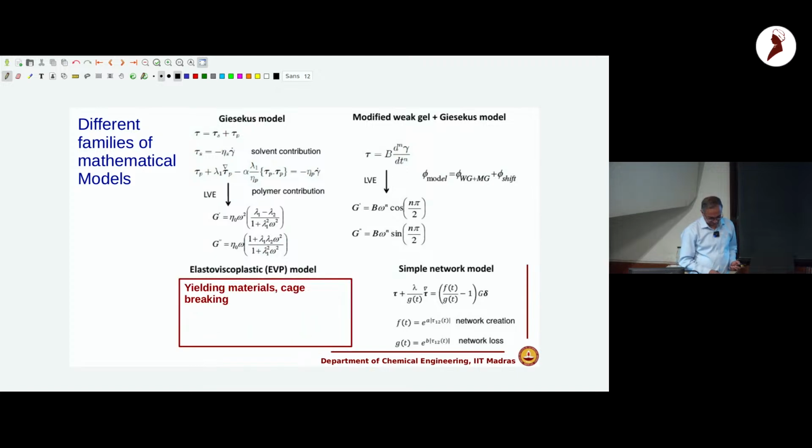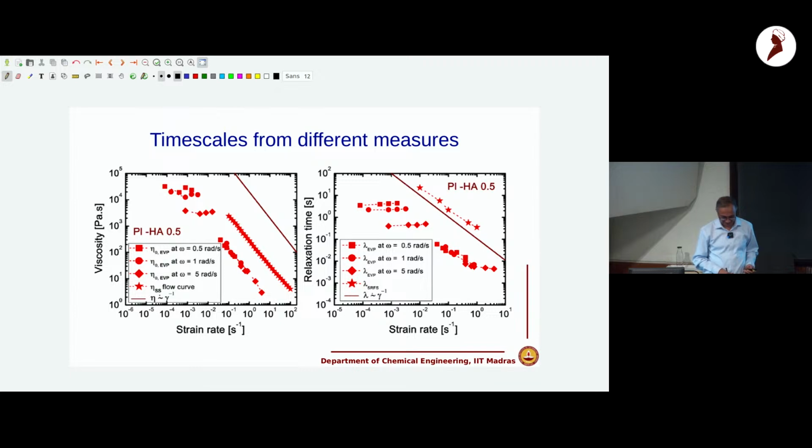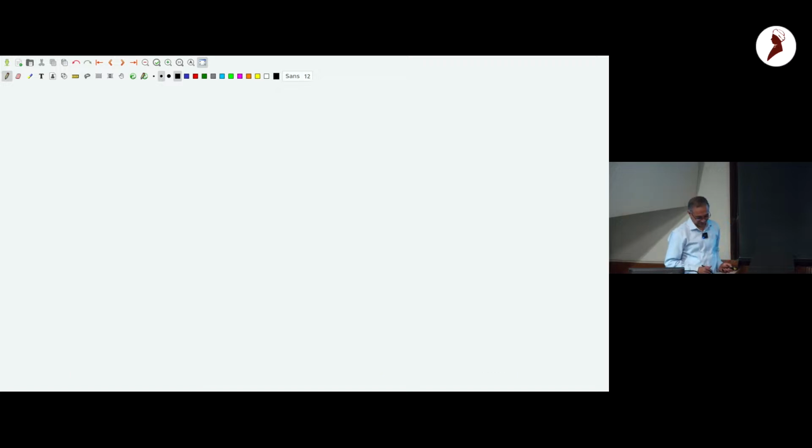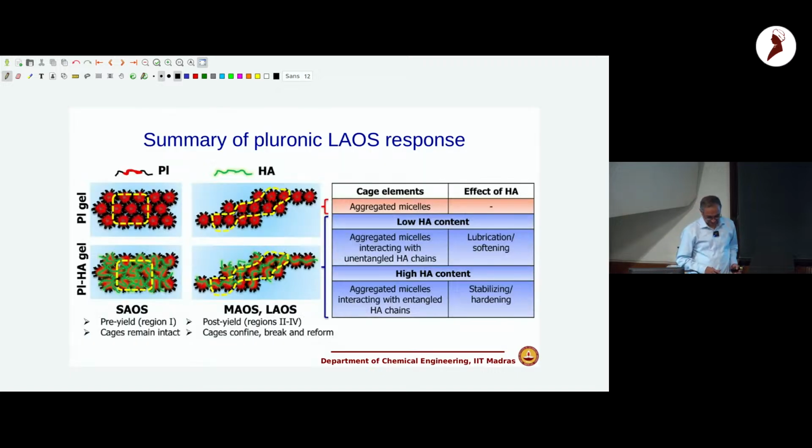In this case, we use this yielding-like material, as I was mentioning. Going through this will require some time, so I'll skip through. But we did different measurements, looked at what happens to the overall viscosity and the relaxation time. We did some light scattering measurements also, and we were able to talk about how the behavior is pre-yield and post-yield in these kinds of systems.